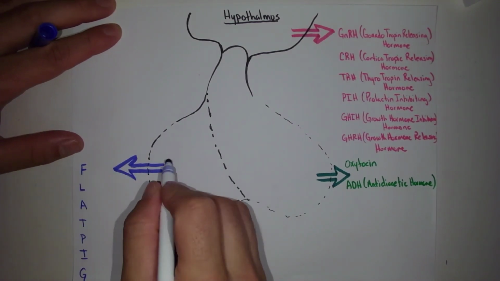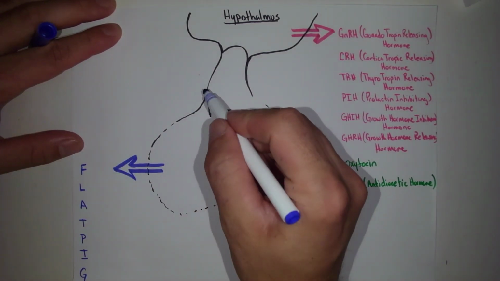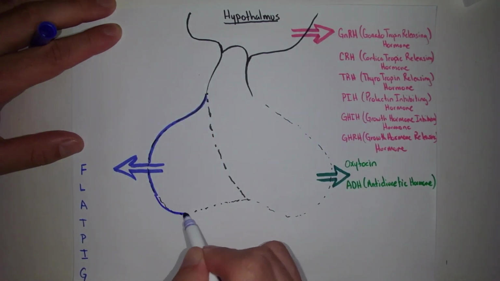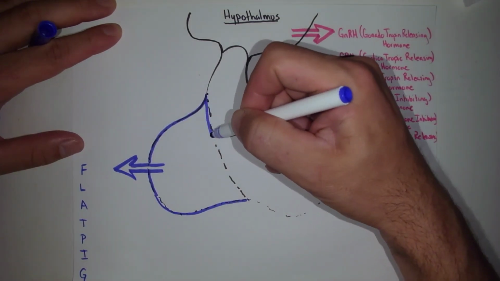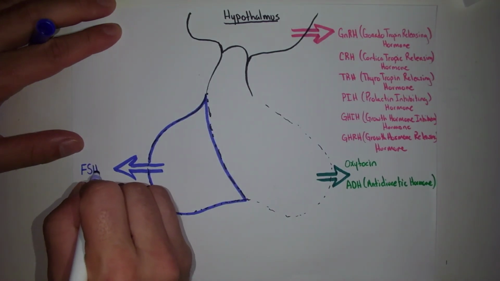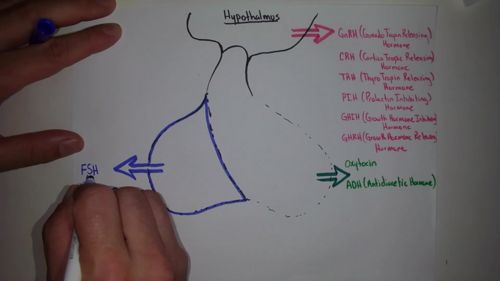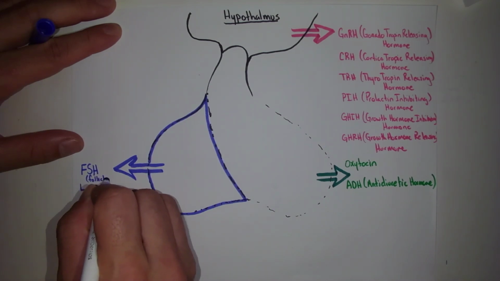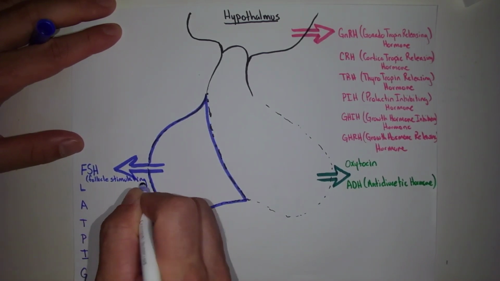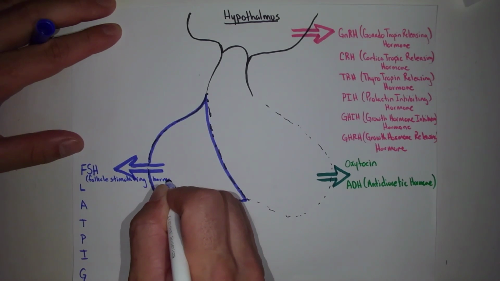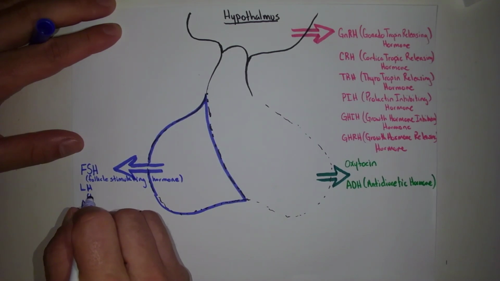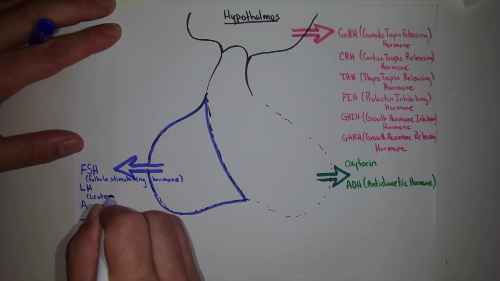The first ones, produced by cells of the anterior pituitary, produced by cells in this area, are going to be FSH, or follicle stimulating hormone, LH, or luteinizing hormone.